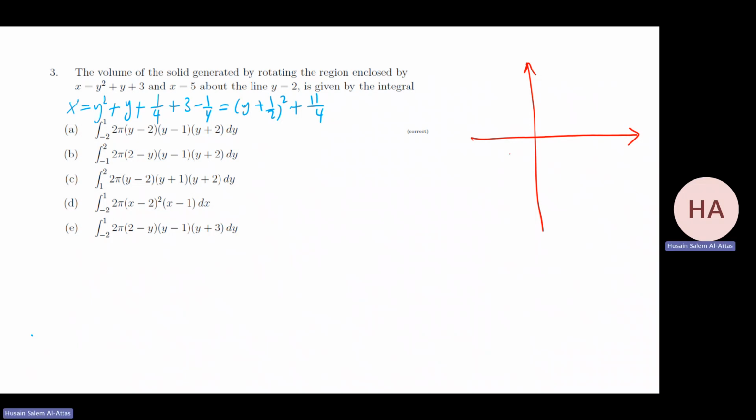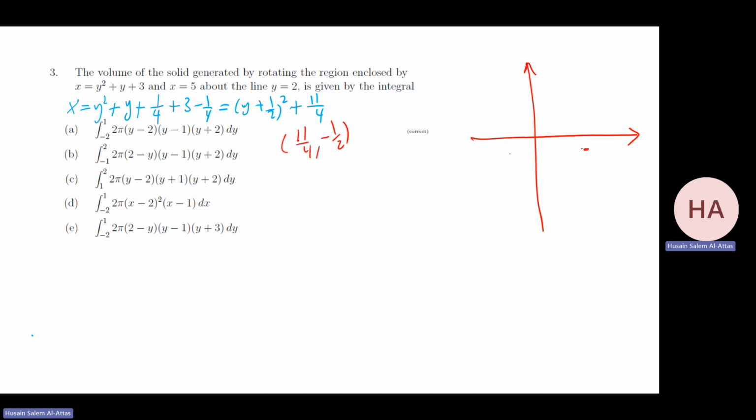And x equals 5, and about the line y equals 2. Y is minus half, and x is 11 over 4, so it will be here. So this is the point 11 over 4 and minus half.